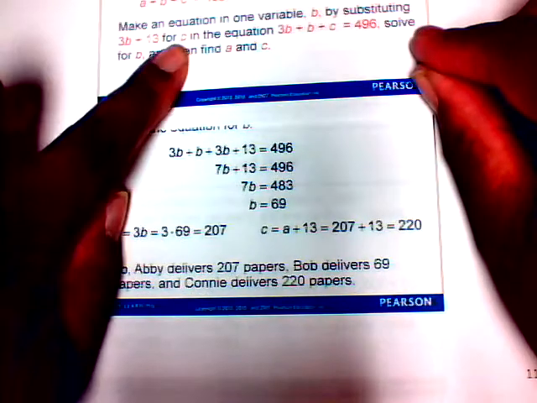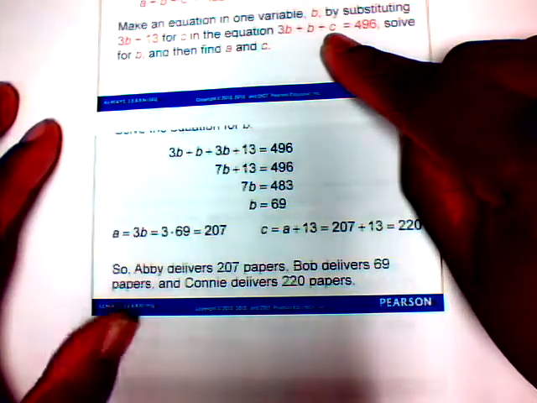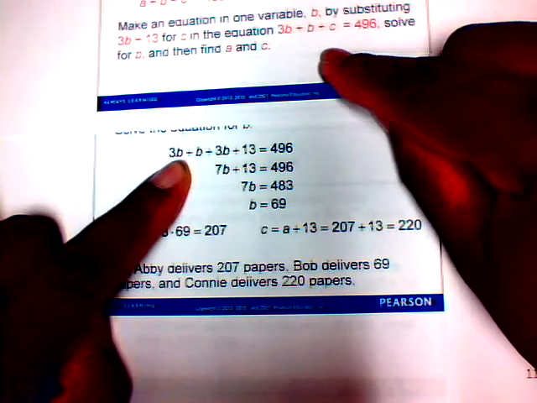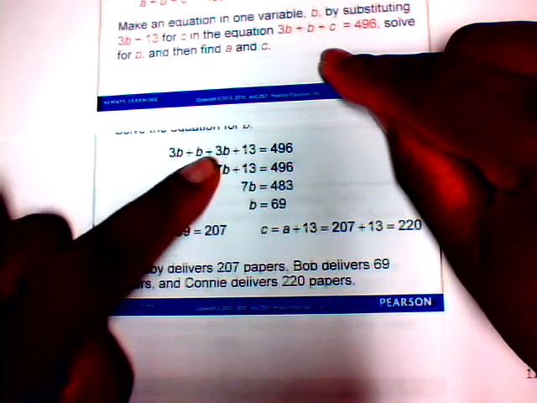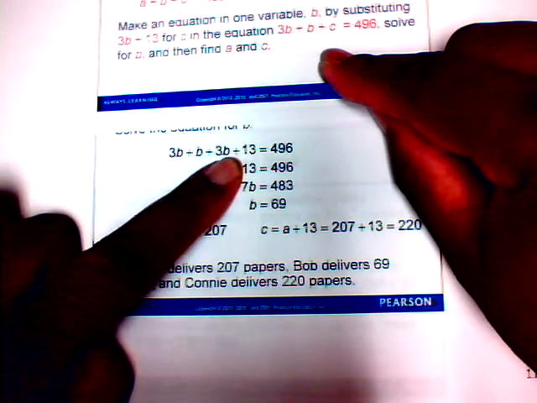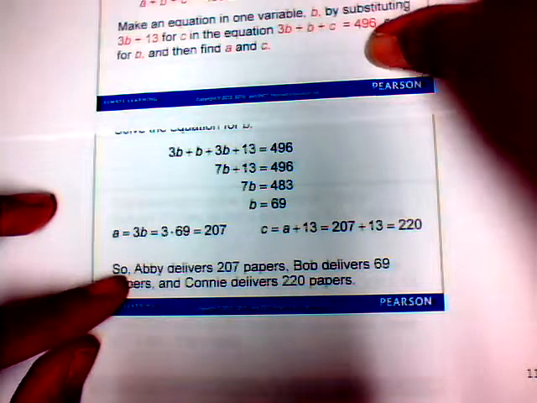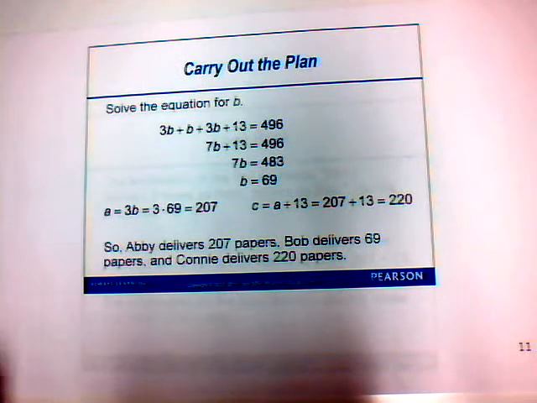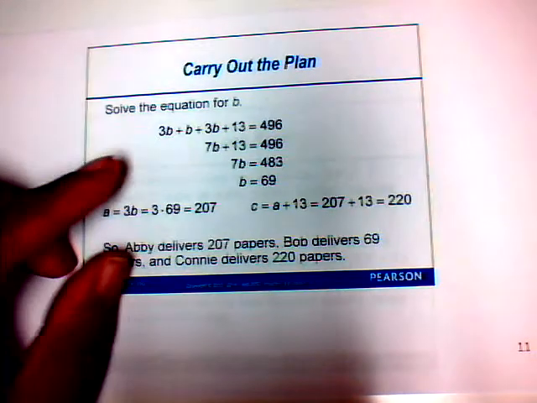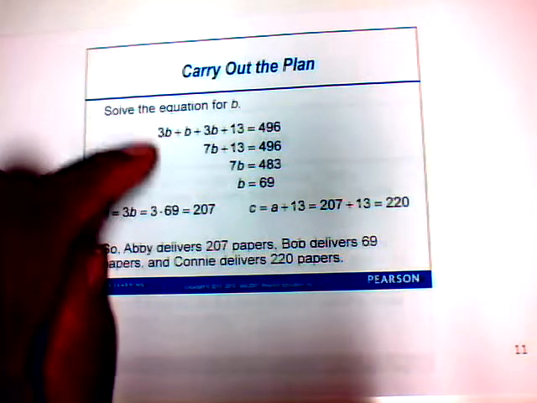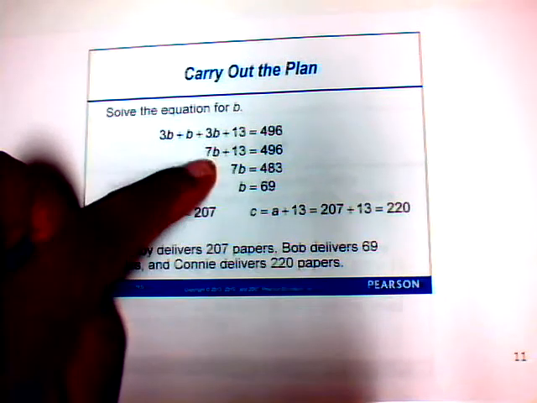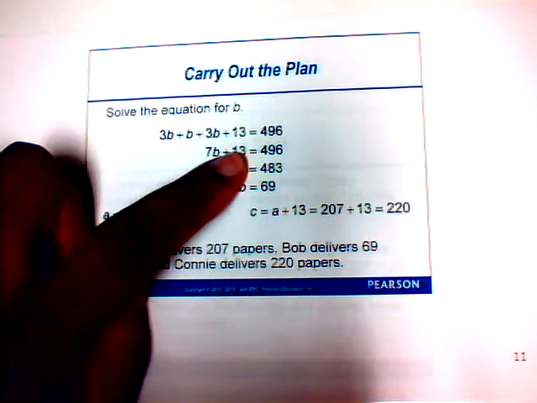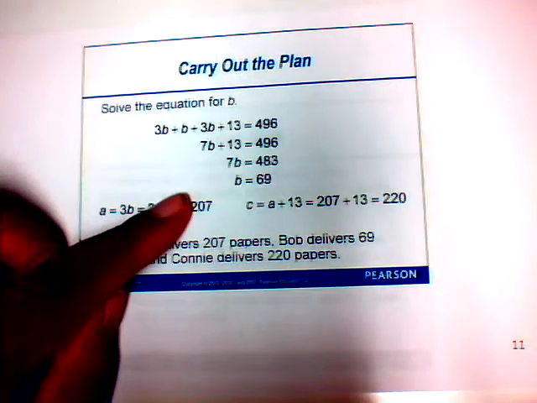When you substitute 3B plus 13 in for C in this equation, you get 3B plus B plus 3B plus 13 is equal to 496. That will be the equation that you use to solve for B, and then for A, and then for C. Now, combining like terms, 3B plus 1B plus 3B is 7B, plus the 13 is equal to 496.